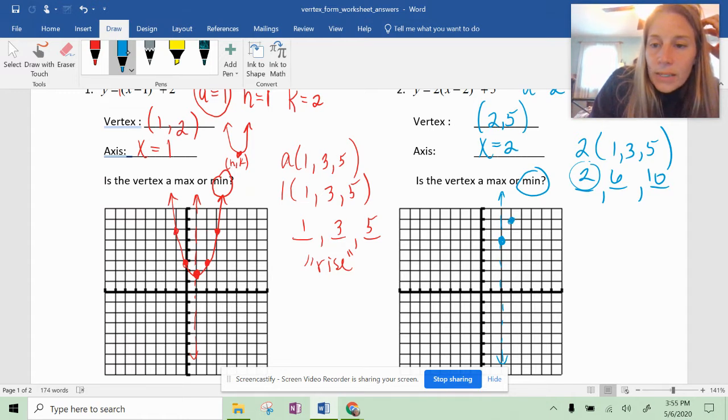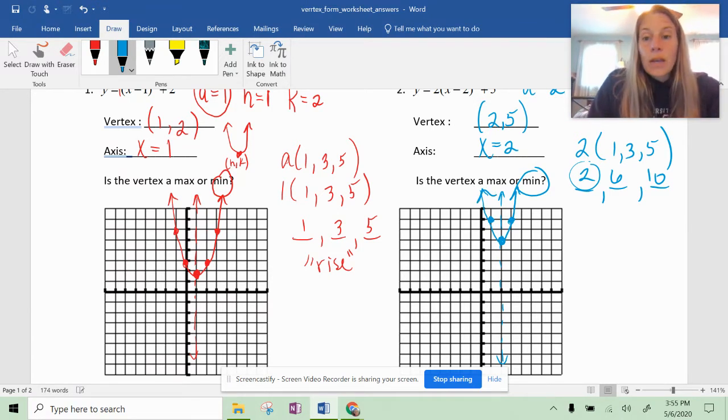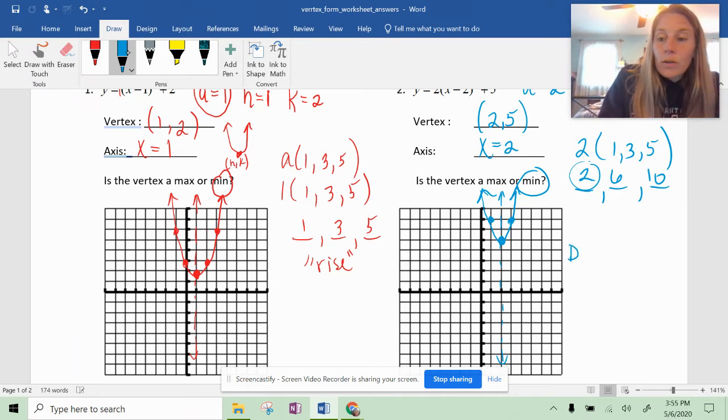Then I would go up 6 over 1, but I don't have any more space, so I'm not really going to worry about it. I'm just going to use my axis of symmetry to go over to the symmetrical box there, the reflection on the other side of that. And that is my quadratic graph. And then if you remember from yesterday, the domain is always going to be all real numbers for these graphs.